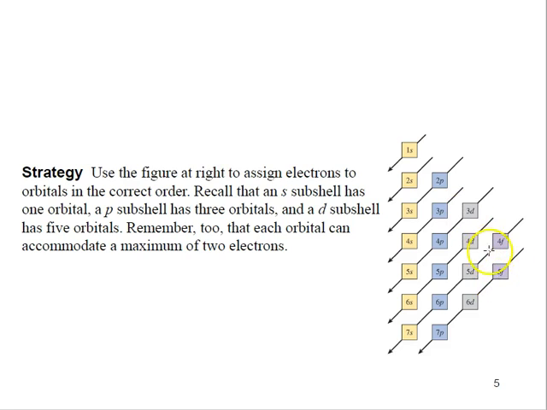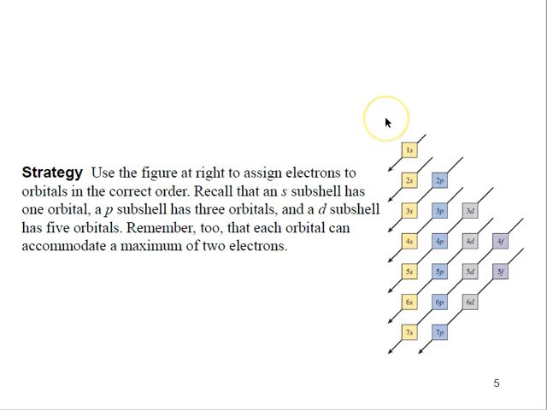There's some examples. Let me read through these and assume that we'd be filling all the way to 7p and put in as many electrons as we can. So this would be 1s2, 2s2, 2p6, 3s2, 3p6, 4s2, 3d10, 4p6, 5s2, 4d10, 5p6, 6s2, 4f14, 5d10, 6p6, 7s2, 5f14, 6d10, 7p6.